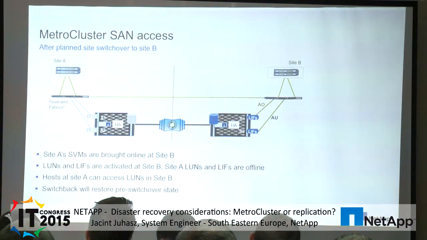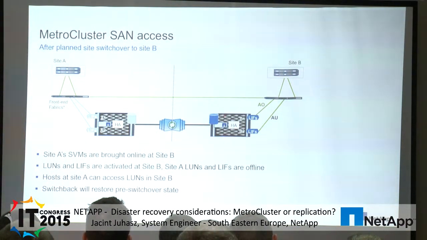Remember, I said that the storage failover will take 2 minutes. So 2 minutes later, the configuration changed a little bit, because the secondary part of the MetroCluster, side B, is running my configuration.